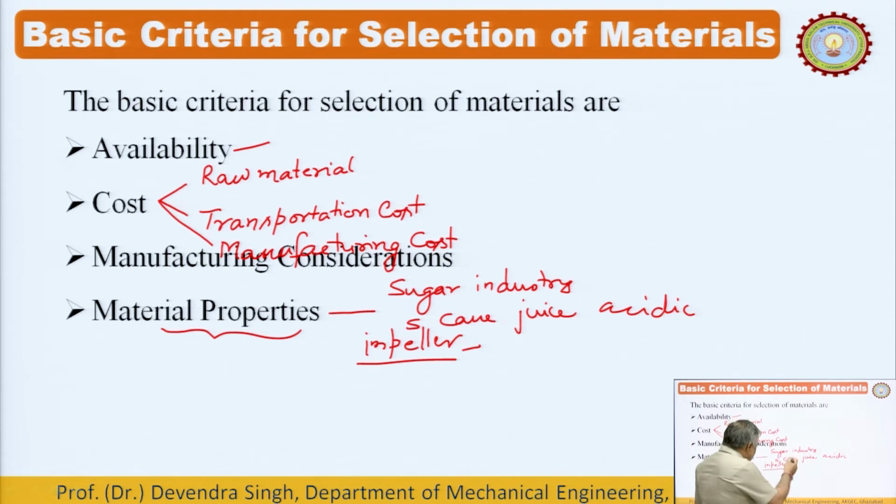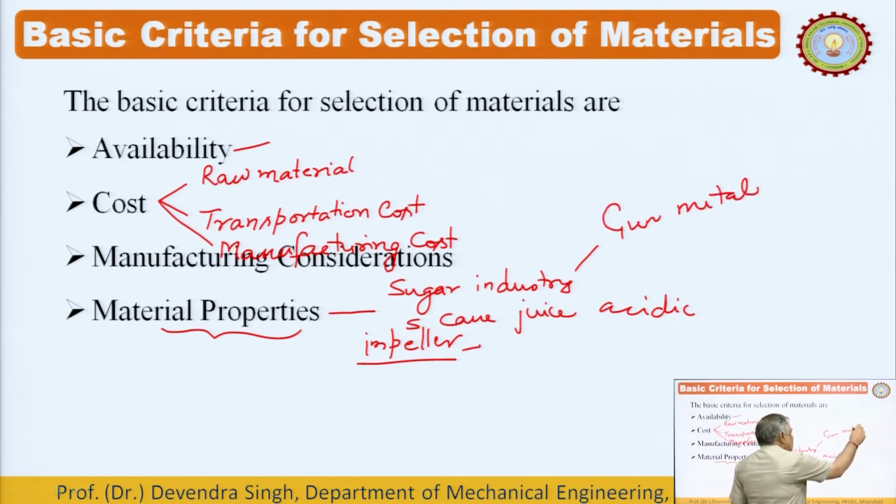In the sugar industry you will find mostly copper based alloys, meaning gunmetal or brass, though they are expensive compared to ferrous materials. Gunmetal and brass impellers are used in the sugar industry to pump the juice from the lower head to the higher head, or from the mill house to the boiling house. So this is one property I have mentioned.